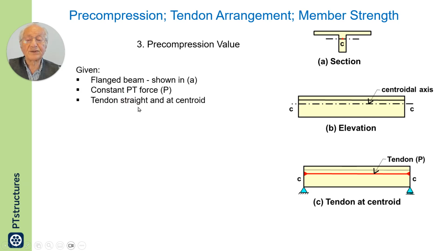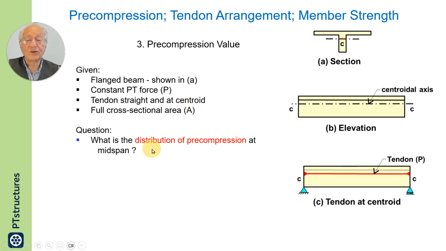Tendon is straight. In this case, sorry, the tendon is at the centroid. The tendon is at the centroid and straight. The cross-section is A. The question is, what is the distribution of precompression at midspan?